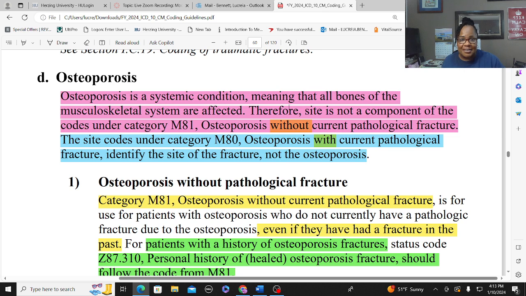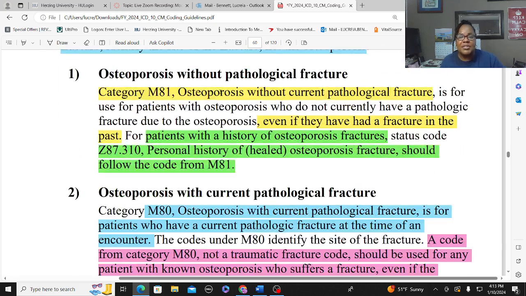Therefore, the site is not a component of the codes under category M81, osteoporosis without a current pathological fracture. The site codes under category M80, osteoporosis with a current pathological fracture, identify the site of the fracture and not the osteoporosis, because again, by this time the fracture takes precedence over the osteoporosis.